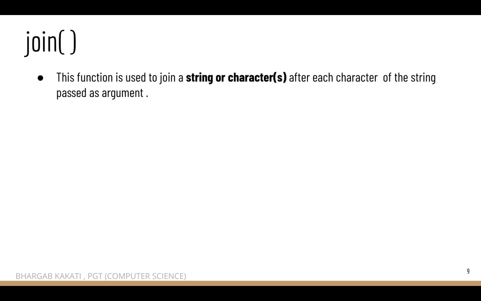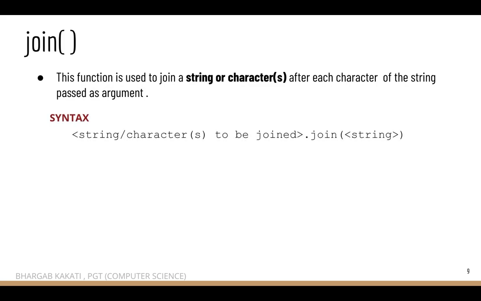Let's move on to the next function, that is the join function. What it does? This function is used to join a string or characters after each character of the string passed as an argument. Let's try to understand with the help of syntax and examples. This is the syntax. String or character to be joined, dot join string. So here what happens? Whatever character or group of characters we want to join, we will put it initially.